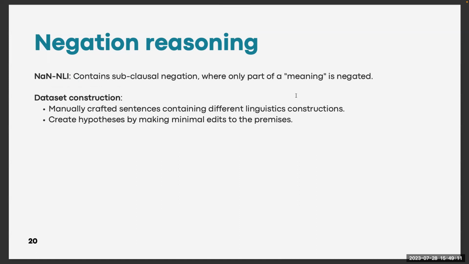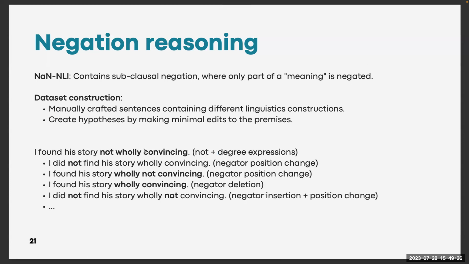And the second data set is about subclausal negation. By subclausal, I mean that only a part of the meaning is negated. So here I provided some examples to show what I mean.